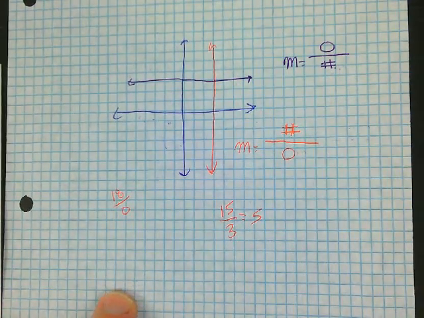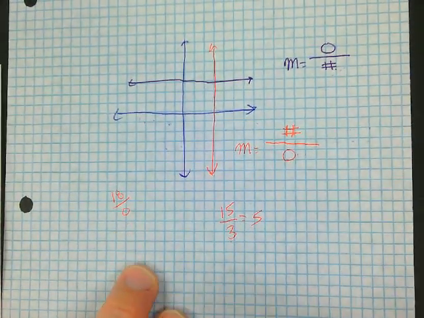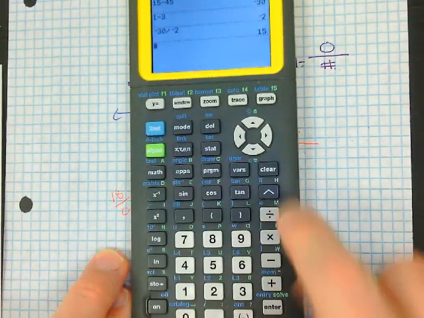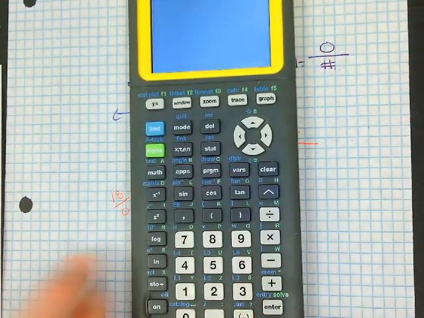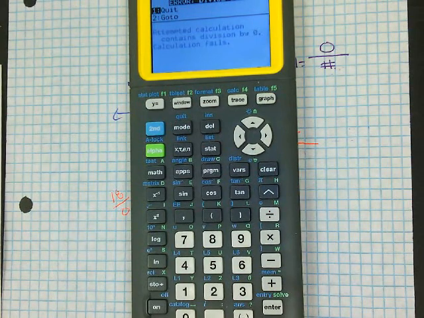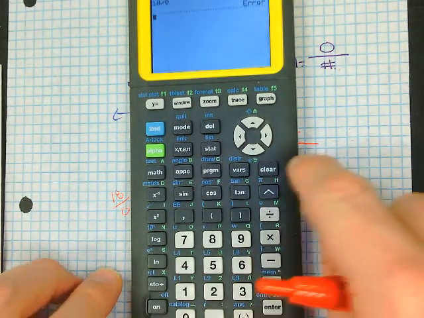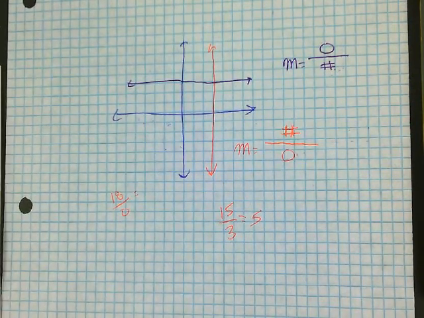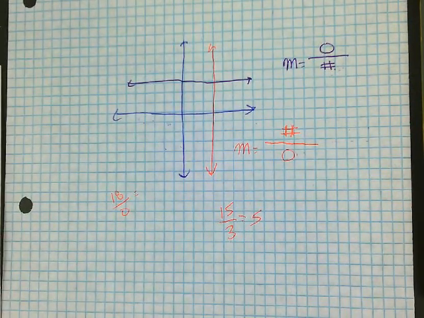So anytime you get a calculator calculation of 0 on the bottom, like 18 divided by 0, boom. Divide by 0. You can't do it. That's an error. So anytime you get an error message in your calculator, that means it's an undefined slope. Okay?